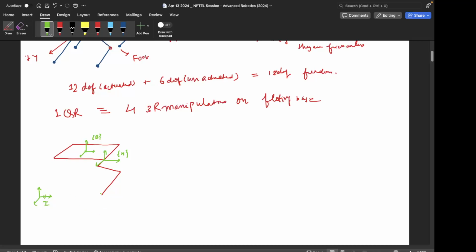So whatever be the frame in which we express the position of the end effector, we convert it first to the hip frame, and then once we are in the hip frame, it's a much easier problem of solving the inverse kinematics or forward kinematics of a 3R non-planar manipulator, right?